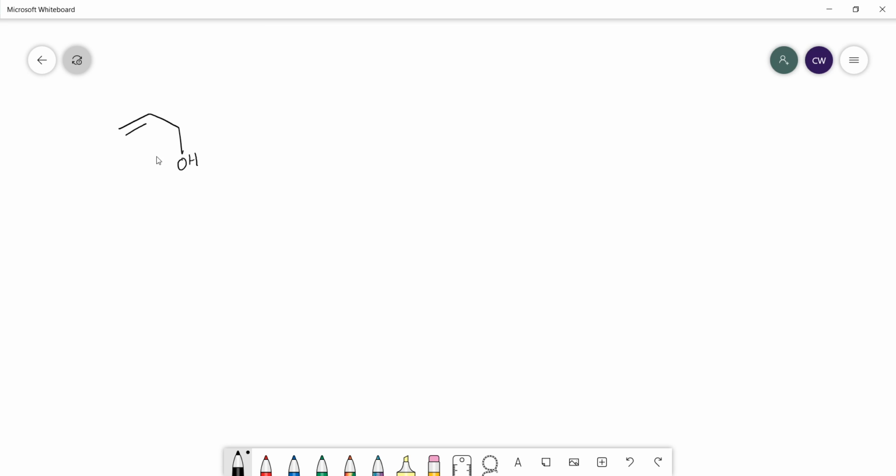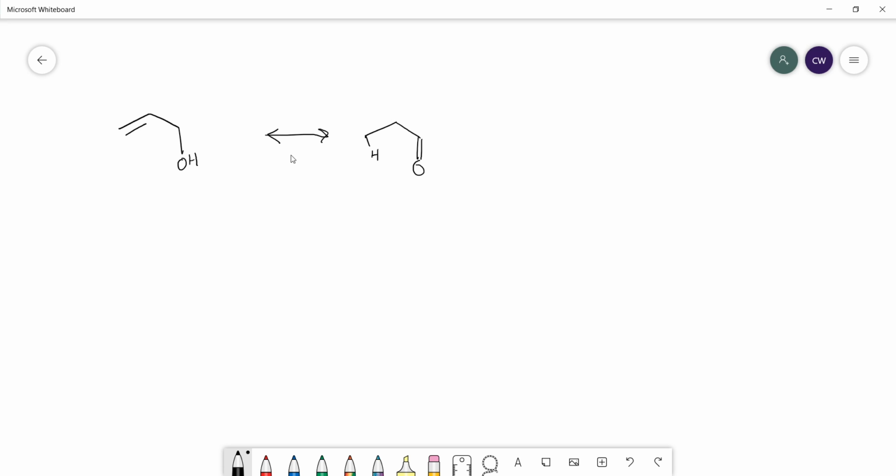And these can undergo a tautomerization reaction between this and an equivalent carbonyl form, with the hydrogen being transferred. So it can undergo a tautomerization back and forth between these two forms.